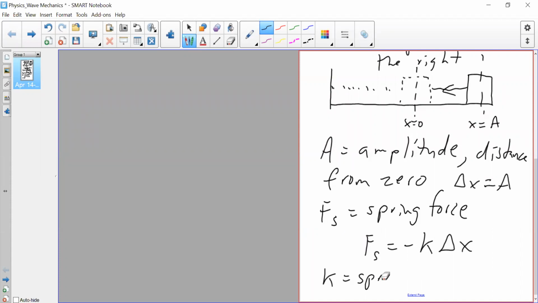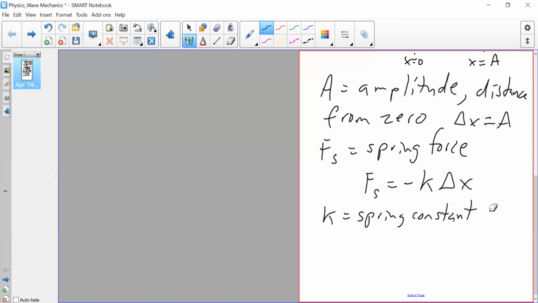Every spring has its constant, or its amount of strength. Tightly wound springs have more K than a looser spring. It's just basically how strong your spring is. That's what K is. It's a spring constant. Or, you can just call it spring strength.